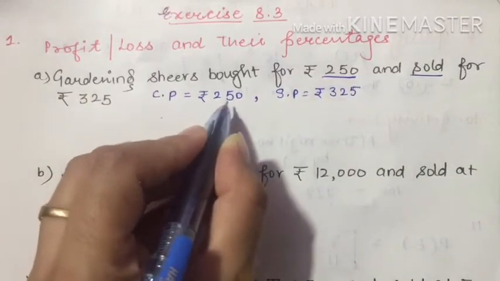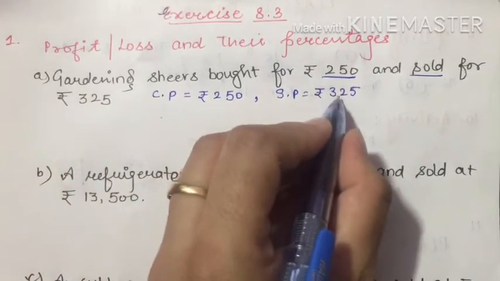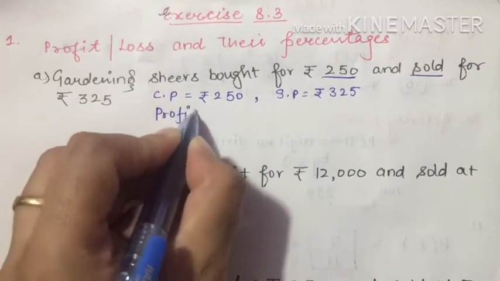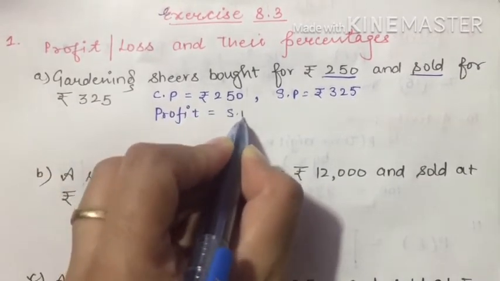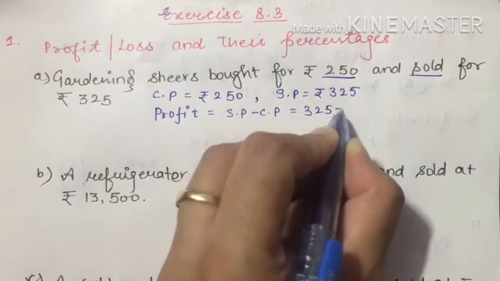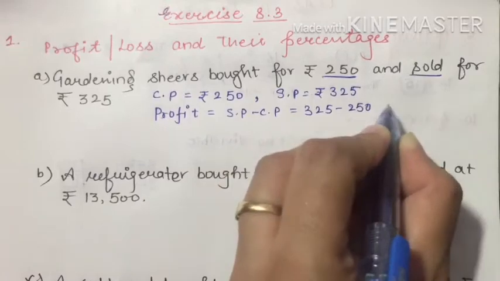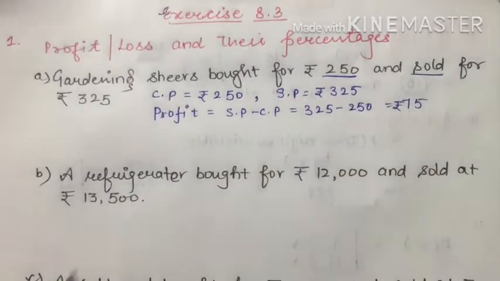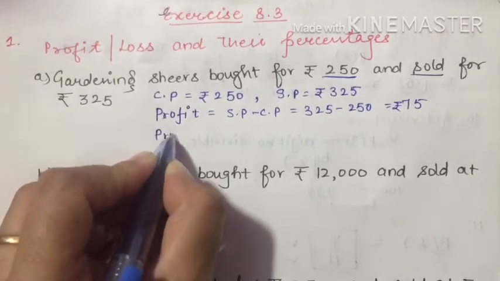I purchased for less and sold for more, so I'm getting profit. Profit equals SP minus CP, that means 325 minus 250, which gives rupees 75. This is the profit.